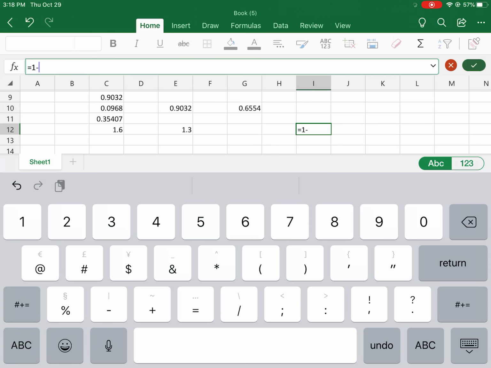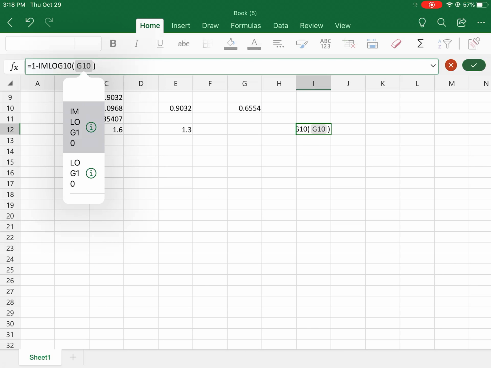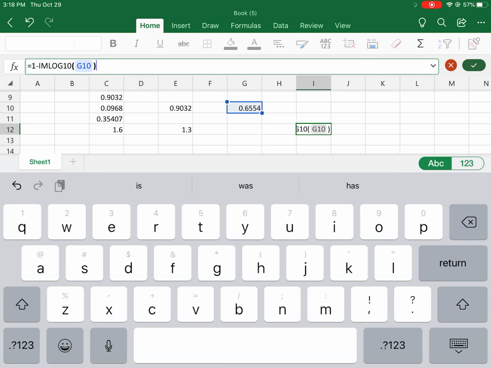Okay, there we go. I'm just going to go to a new one. Equals 1 minus, there we go. I have no idea what's going on there.